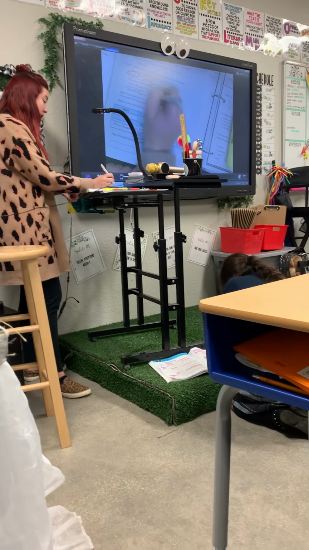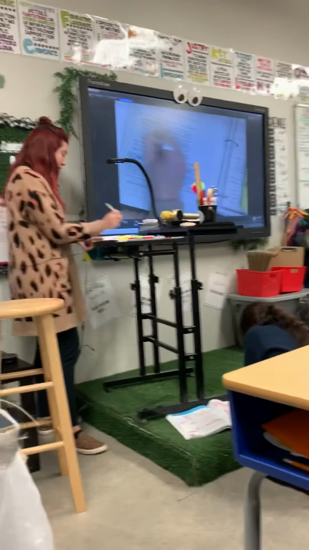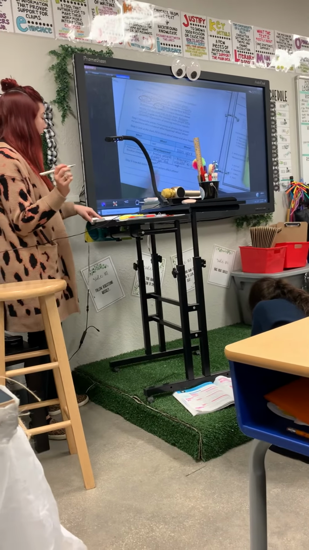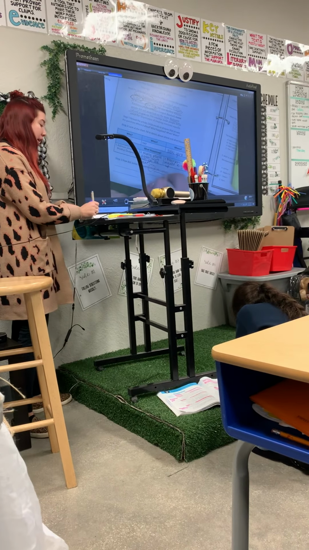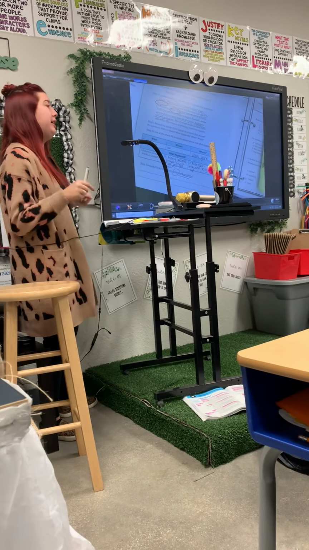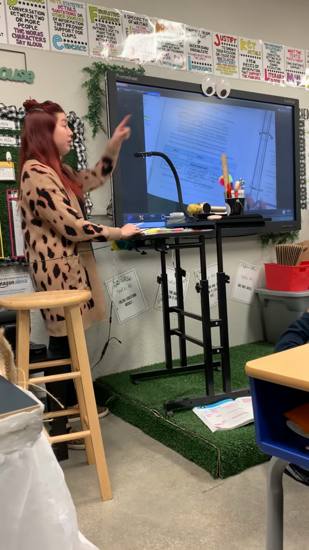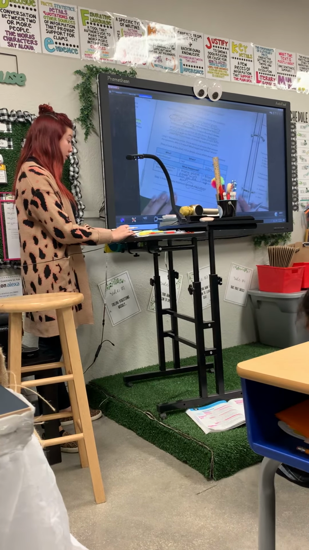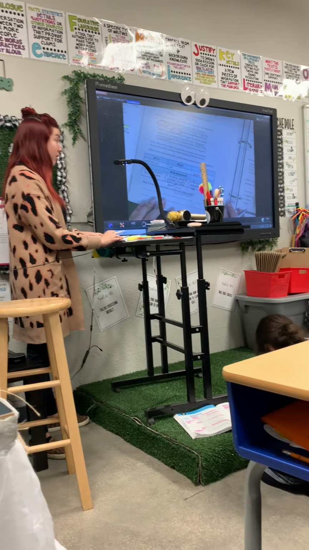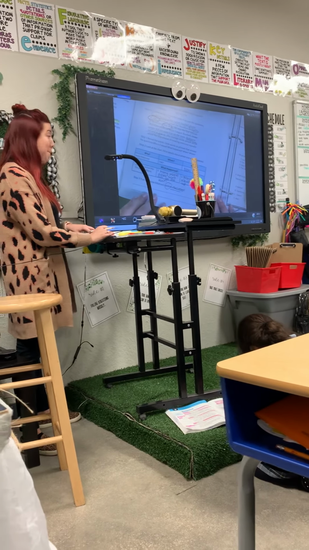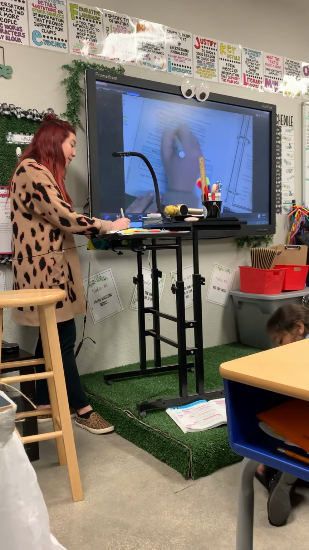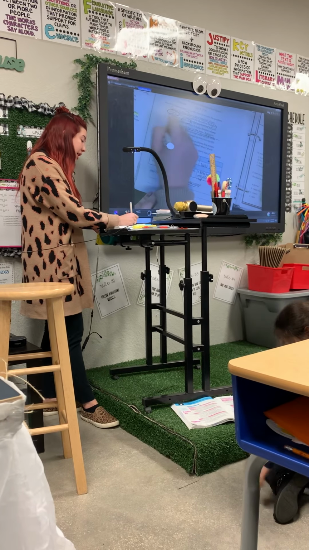Right here. Now let's look at this, I already underlined it. How did Jackie Robinson's action affect others? Because he didn't give up, how did his actions affect others? To encourage people to think about the importance of treating everyone equally. So that would be this answer right here.